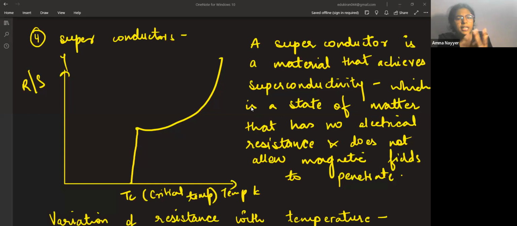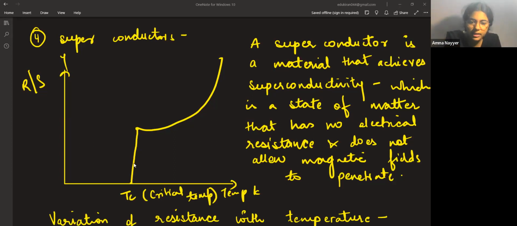So electric field interruptions are not present, magnetic field interruptions are not present. A superconductor is a material that achieves superconductivity, which is a state of matter that has no electrical resistance and does not allow magnetic fields to penetrate. This is what is meant by superconductor. So what's the graph? Basically, before the critical point, there is no variation. You increase the temperature, increase the temperature, nothing will happen.